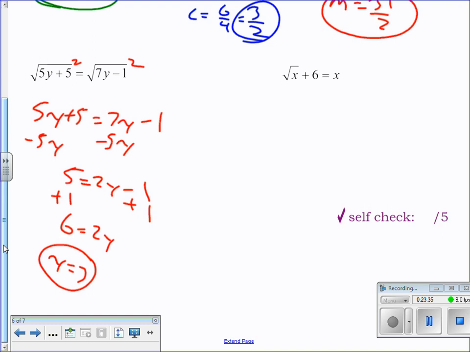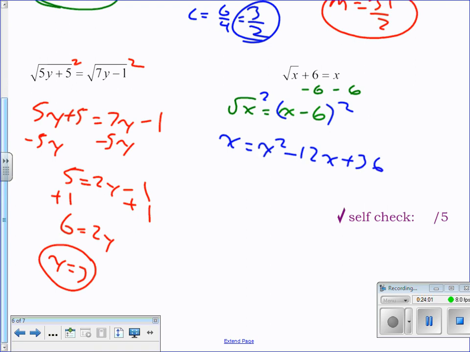The complicated one. I have to get the square root by itself first, so I subtract 6. Square root of x equals x minus 6. Once I get there, I square both sides. x equals x squared minus 12x plus 36.